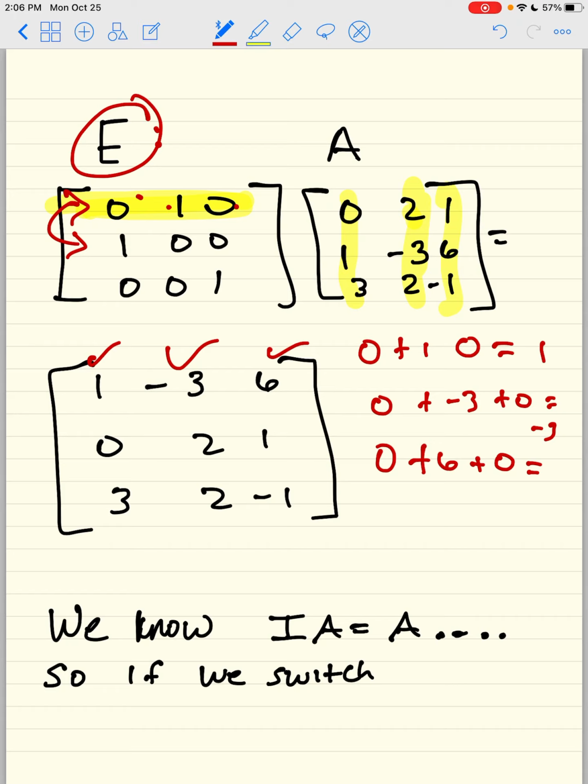What you guys could do is you can say, hey, I know that if I have the identity and I multiply it by a matrix A, I'll get back that matrix A. So how can I make this into the identity? Well, if I just swap these rows. So whatever you want to do here, just do it here.